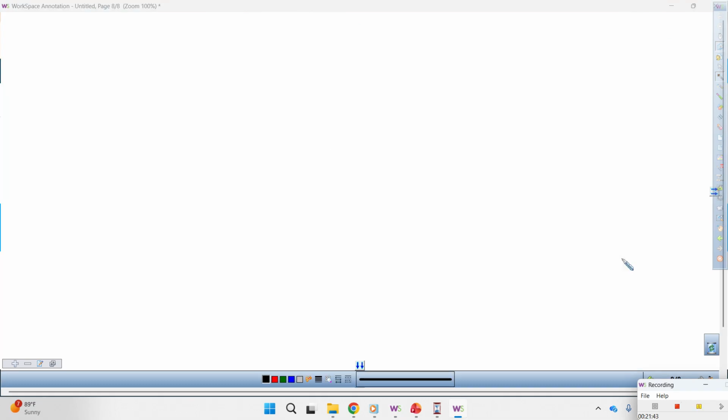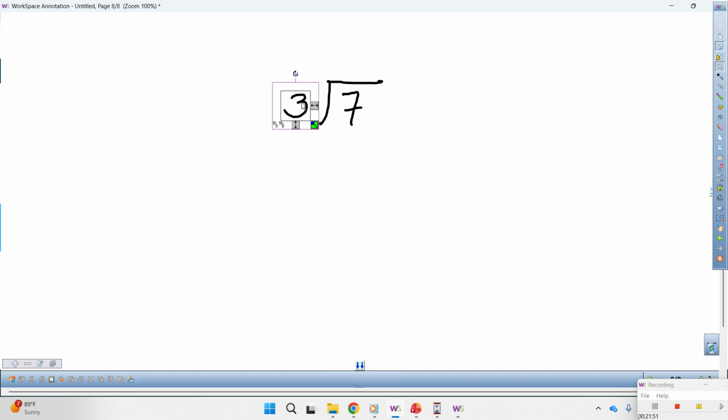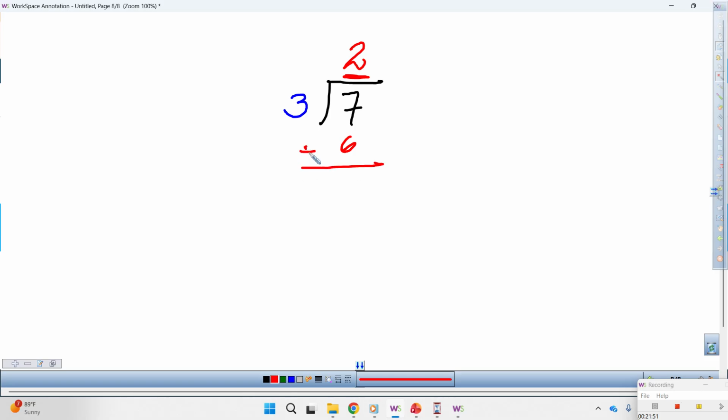All right, look up really quick for those of you that didn't see it. Here goes. If I was to have 7 divided by 3. Sorry, let me change the 3 to blue. Question. What number times 3 gives us a number close to 7? 2. So 2 times 3 is 6. Put a negative here. That means I'm going to distribute this negative right here. So that gives me positive 1 as remainder.